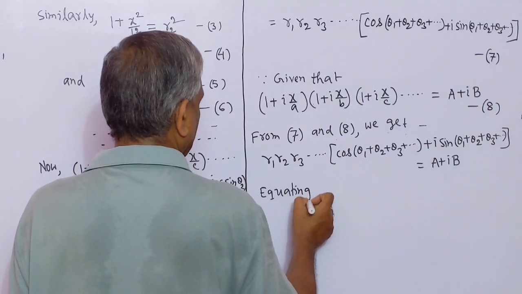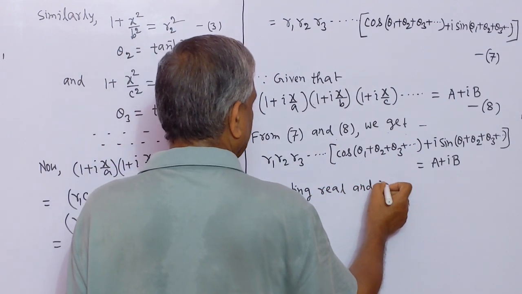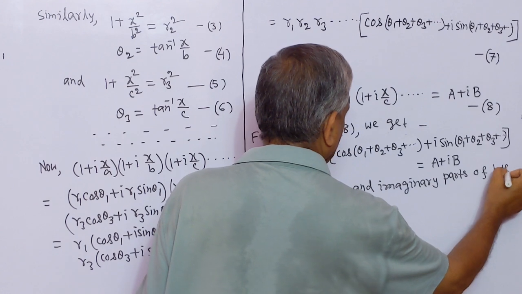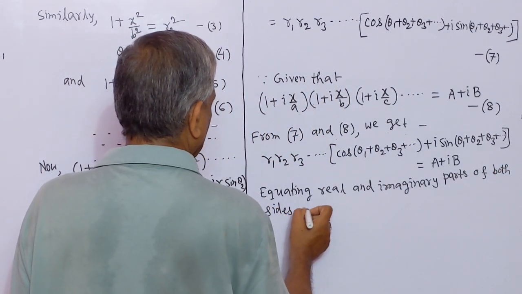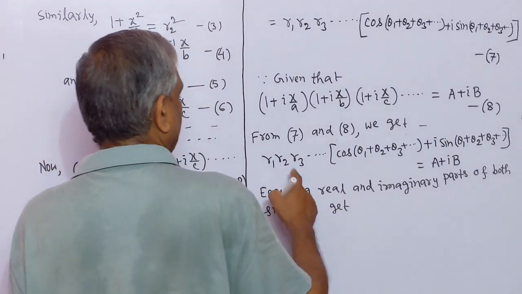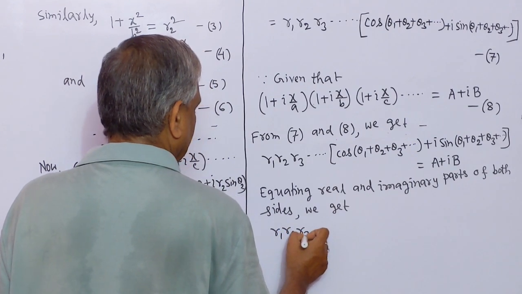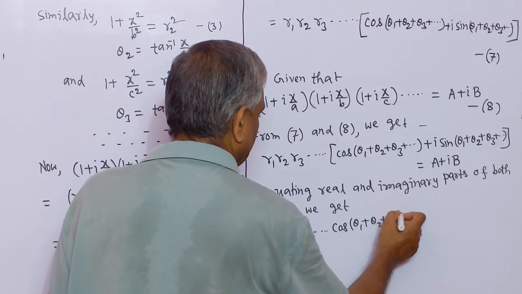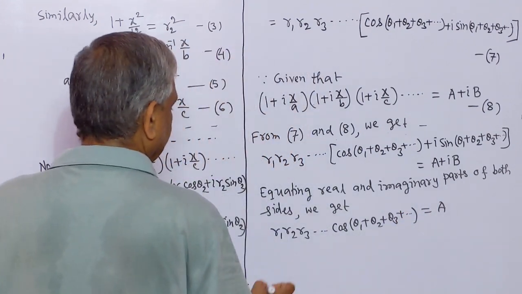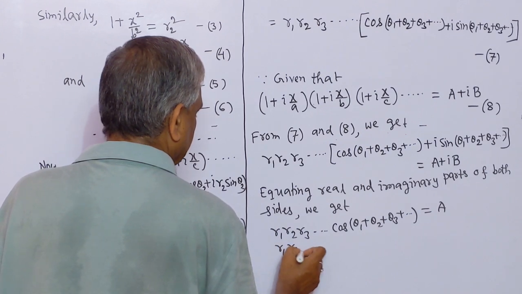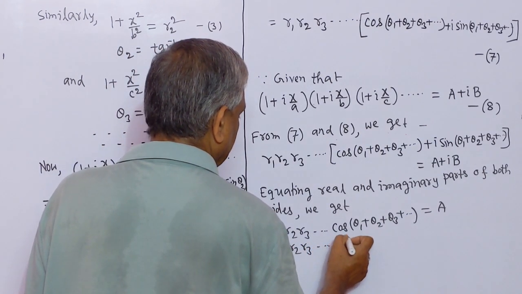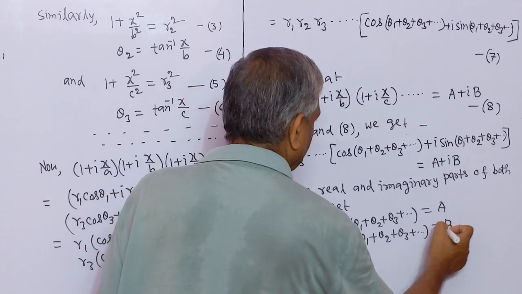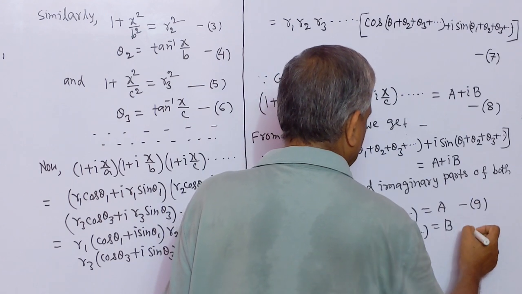Equating real and imaginary parts of both sides, we get here real part is r1 r2 r3 ... cos(theta 1 + theta 2 + theta 3 + ...) equal to A, and imaginary part is r1 r2 r3 ... sin(theta 1 + theta 2 + theta 3 + ...) equal to B. This is number 9. This is number 10.